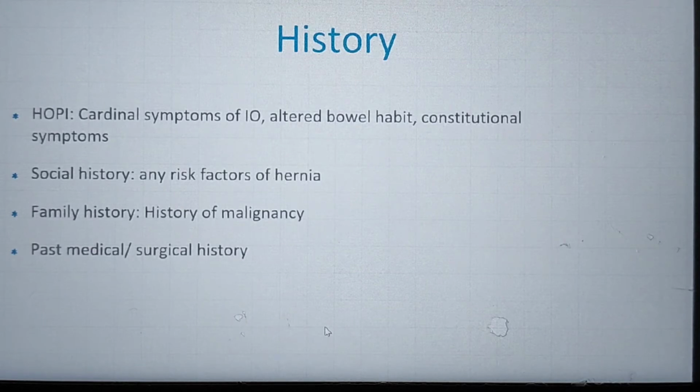And as hernia and adhesion are among the commonest causes of small bowel obstruction, we also need to take that into our consideration. So we also need to ask the patient regarding any risk factors of hernia, and for family history, we need to ask regarding the history of malignancy in the family. And also, past medical or surgical history is very important.